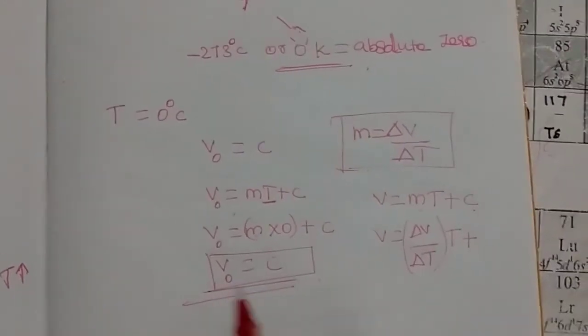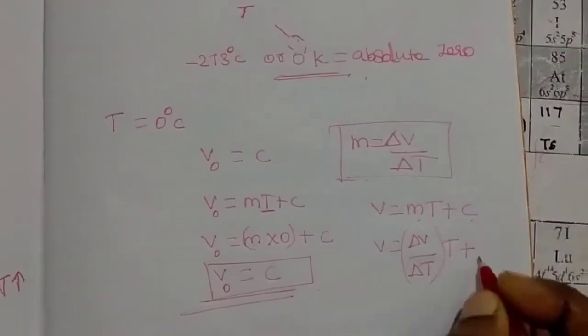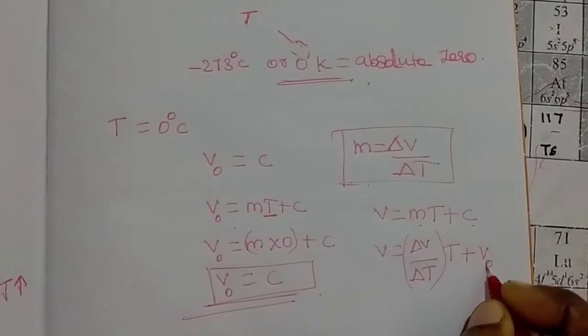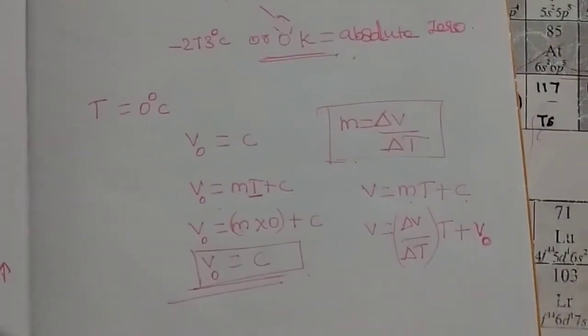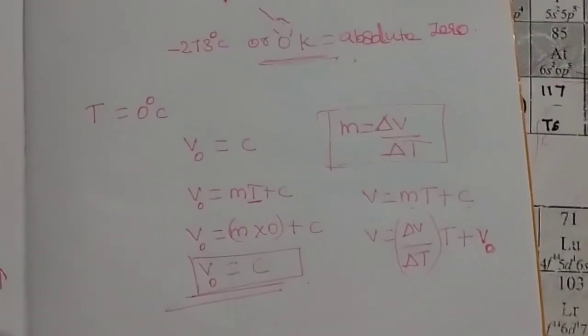V0. So V0 is equal to C, and we can apply that here. This is the equation you will finally get.